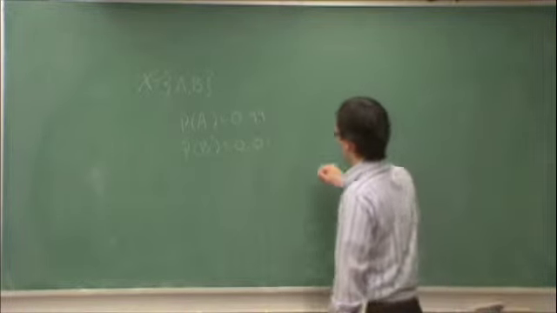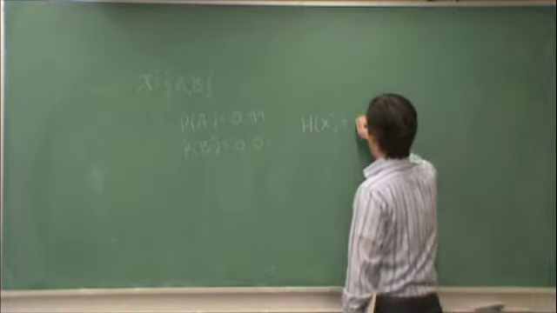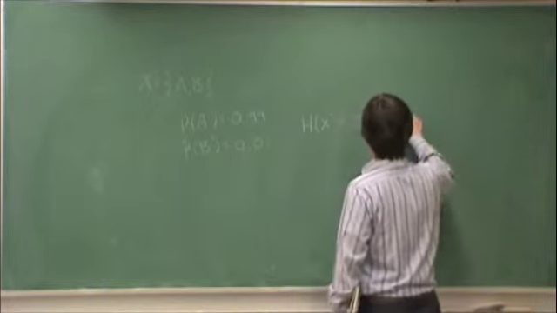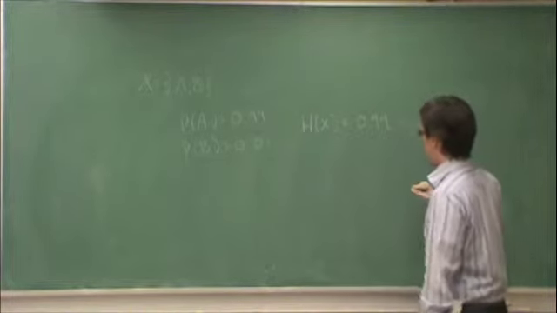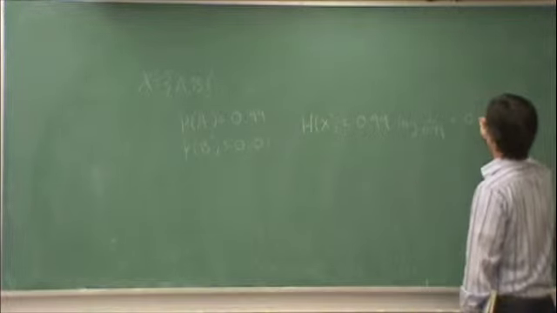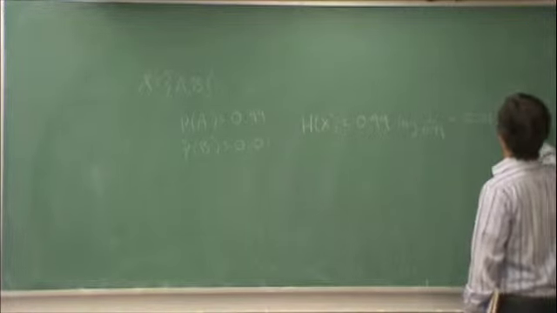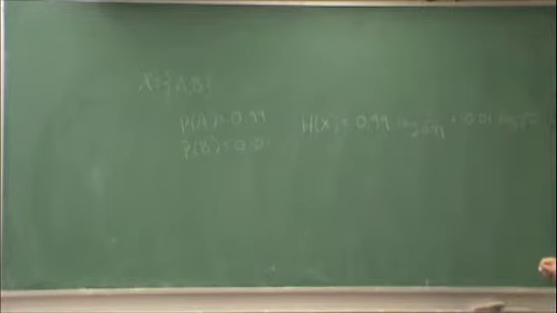The entropy of this source is 0.99 log 1 over 0.99 plus 0.01 log 1 over 0.01. The entropy of this source is very, very small.